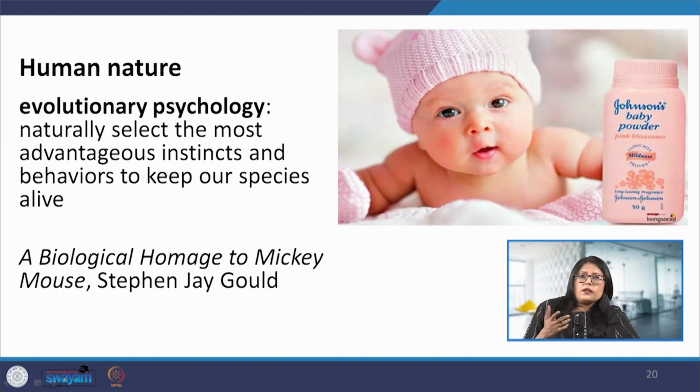If we look at human nature and try to understand it from the psychology point of view, as we evolve, the baby's face, like we can see in the image, is something that we feel very positive about. It is the proportion: the chubby face, the big eyes, and the large head on a small body.